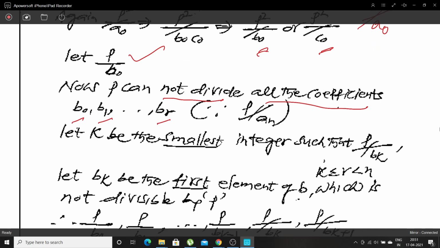To complete the proof of this theorem, let me take a small integer. See that p does not divide bk. What is the condition for r?